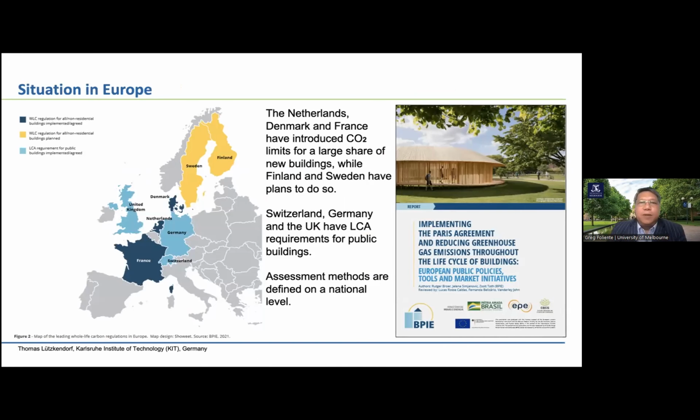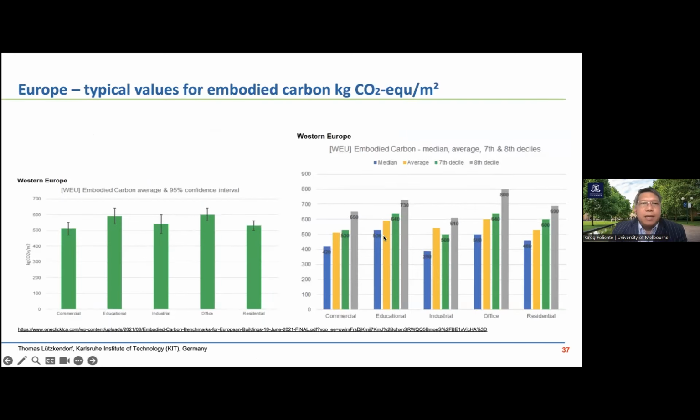The Netherlands, Denmark, the Nordic countries in particular, France and Germany and Switzerland have a lot of these. And so they already have developed the typical values for embodied carbon for different types of buildings, for example, in the region, but also country by country.